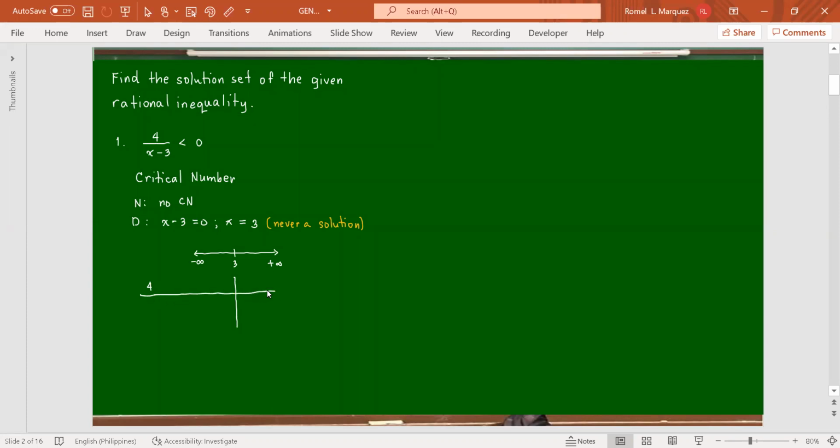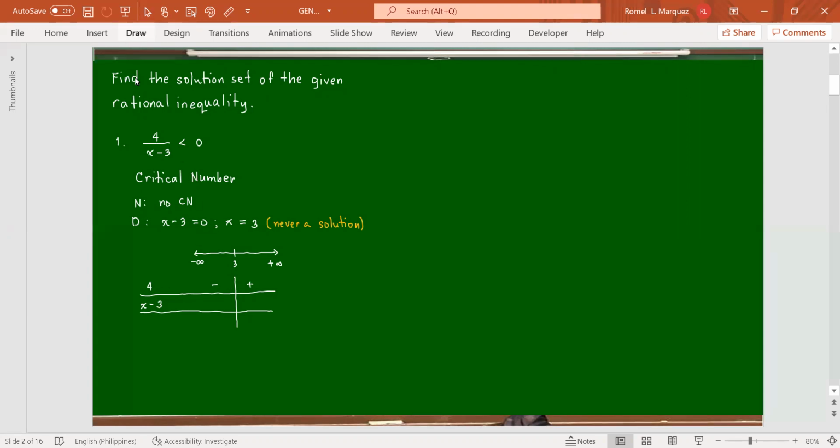So we have how many expressions? x minus 3 and 4. So to the right of 3, positive. To the left, negative, because there is no 0 in this expression. 4 has no 0.